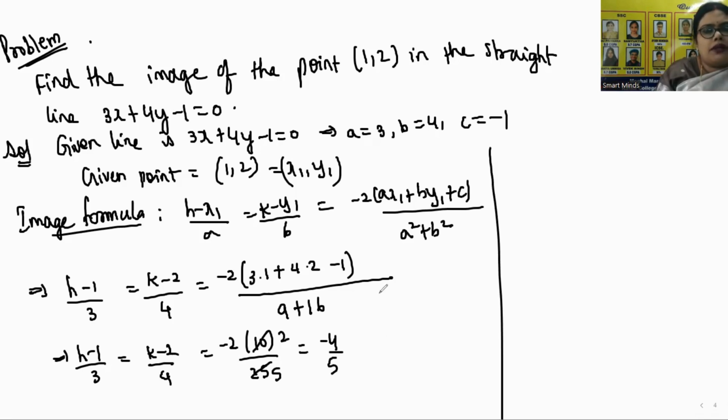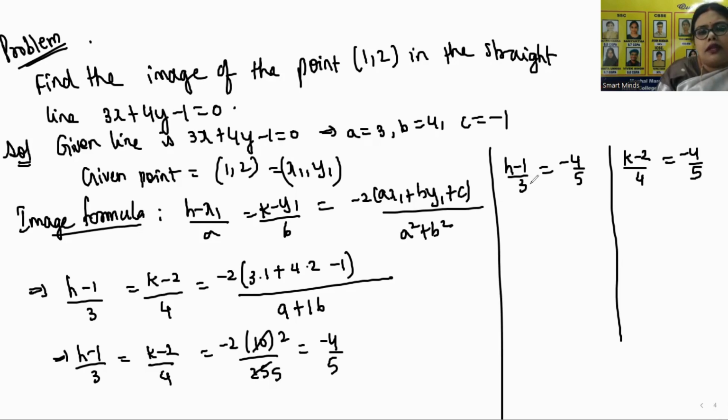Now we will equate (h minus 1) by 3 is equal to minus 4 by 5 and (k minus 2) by 4 is equal to minus 4 by 5. Take 3 to the other side, you will get minus 12 by 5. Here you take 4 to the other side, you will get minus 16 by 5. Now take 1 to the other side, you will get minus 12 by 5 plus 1.